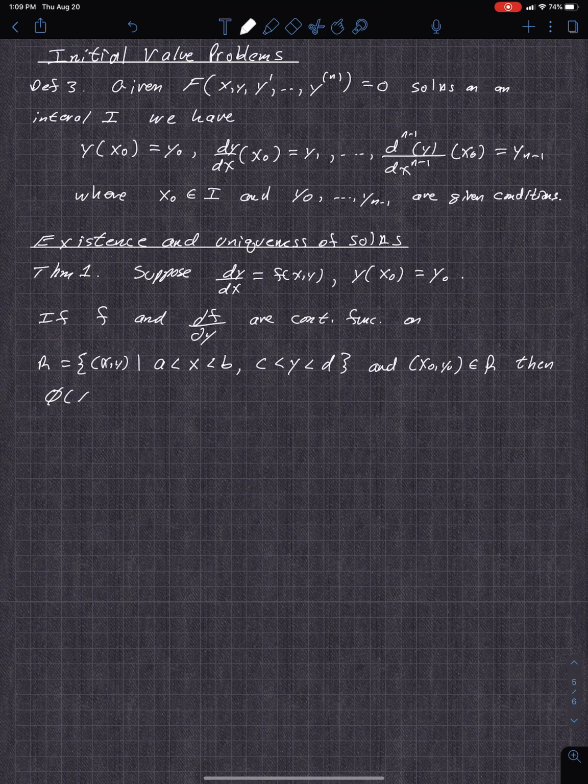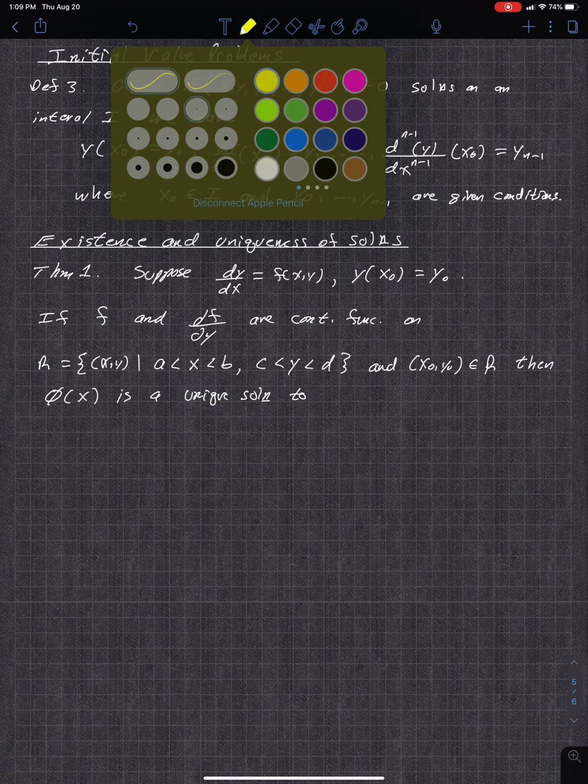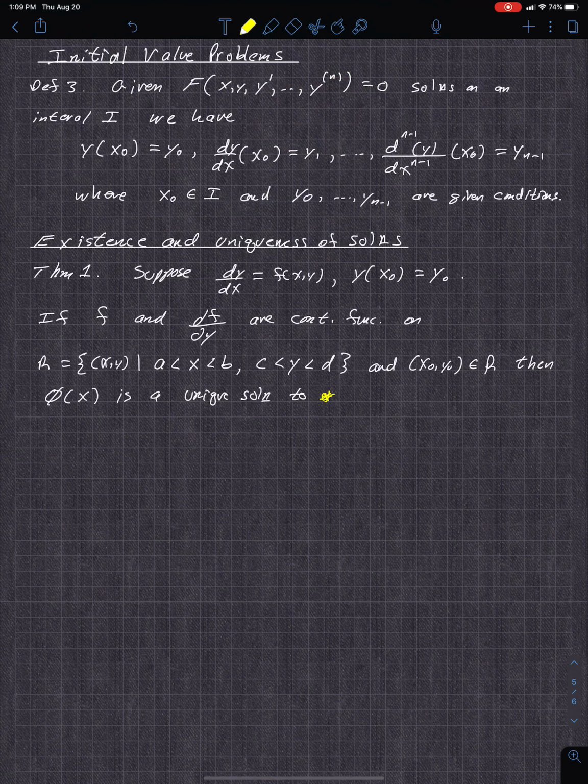φ(x) is a unique solution to that differential equation, to this whole thing.